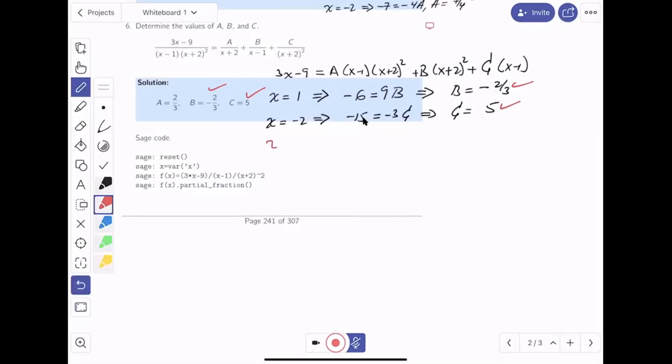X, whoops, X equals 0. And that would be minus 9. Now I see where I made the mistake. I just didn't see it before. I think I wrote down a 4 there. It's minus 9. And then we go over here, if X is 0, and again, I want to point out where we're plugging in. We're plugging it in here. And what would I get? Minus 1 times 4, so it's minus 4a.